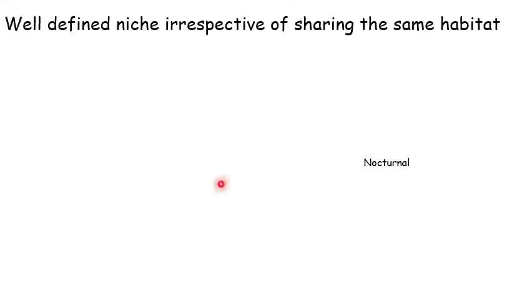So let's take a scenario. It's the same habitat, and we have species that come from the same common ancestor, and also have the same feeding habit. We have already seen that with the previous example, right? With the owl. The owl species adapted a different behavior so that they can avoid sharing the same niche.